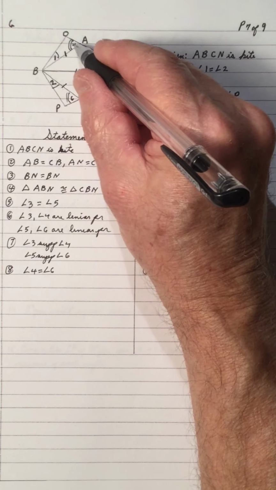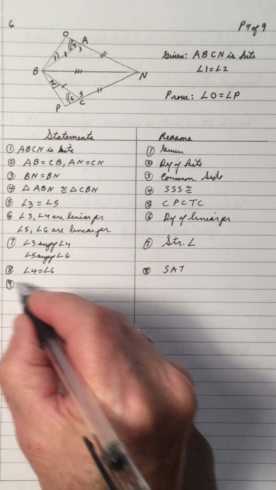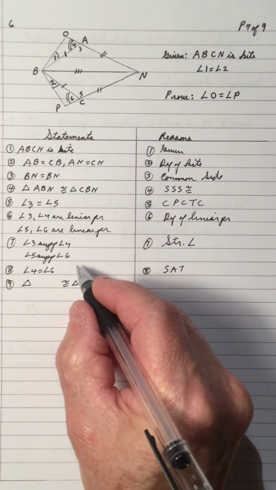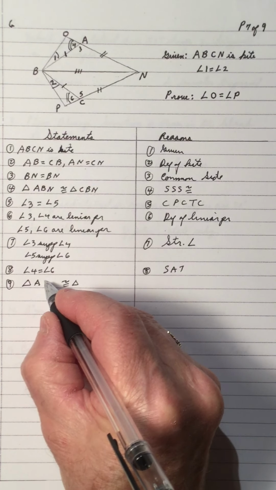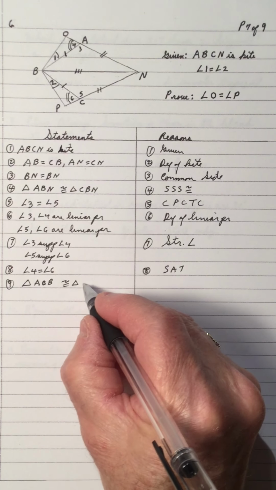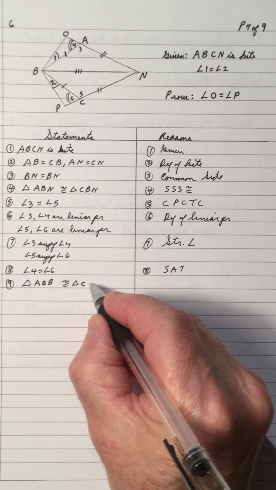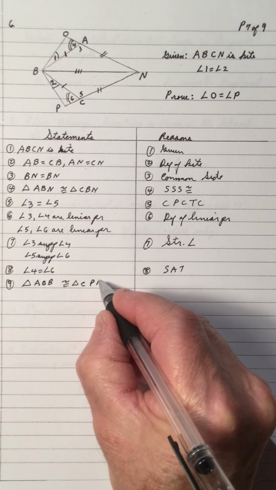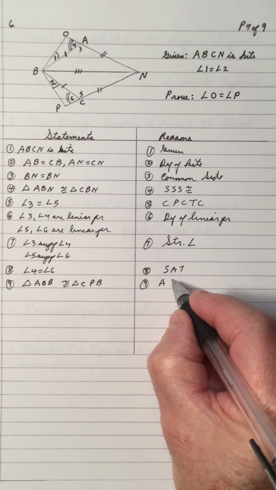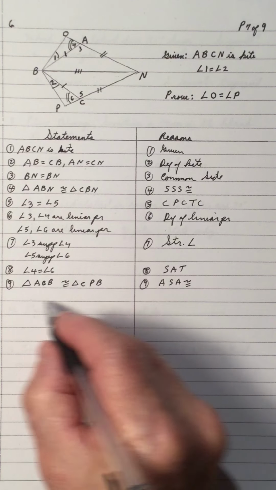So we have the triangles congruent by angle, side, angle. So the triangle AOB is congruent to CPB, and that's angle, side, angle congruency.